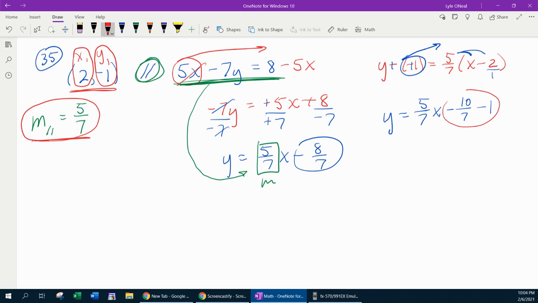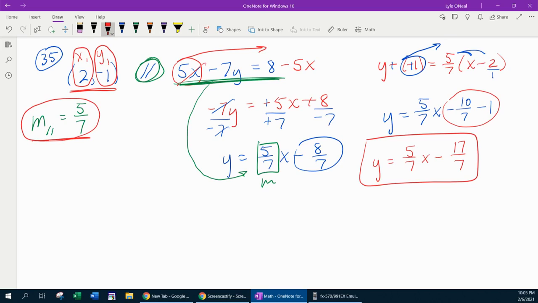Then I'm going to need to CLT, combine like terms. All right, so my final answer is y equals 5/7 x minus 17/7. And again, if you're not sure about doing this arithmetic, it's perfectly fine to use the calculator for that.